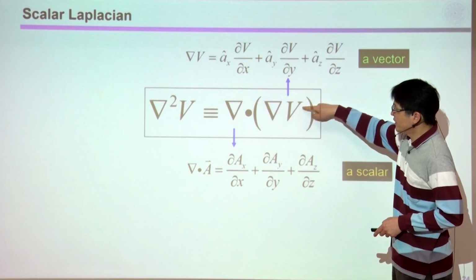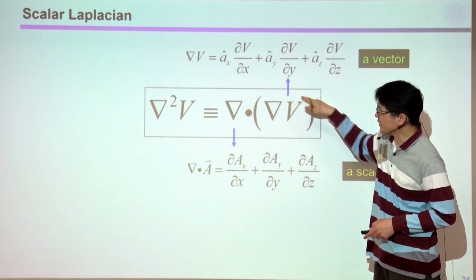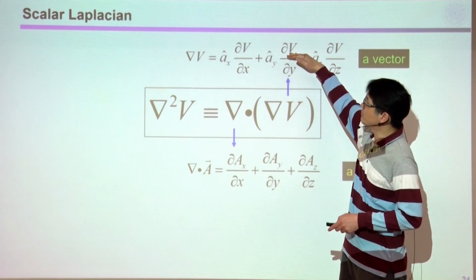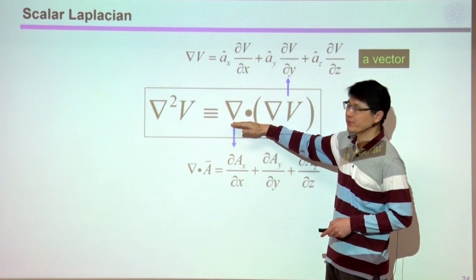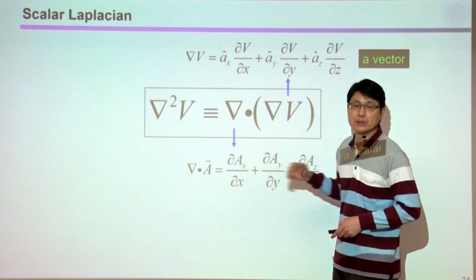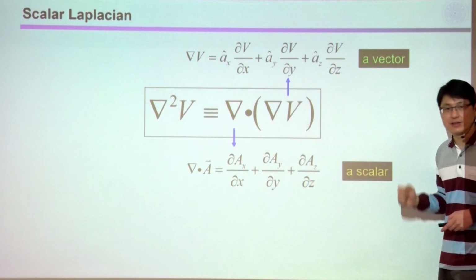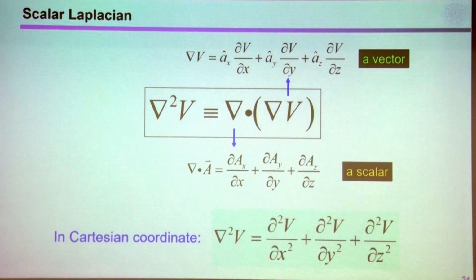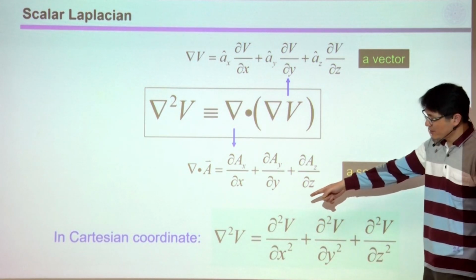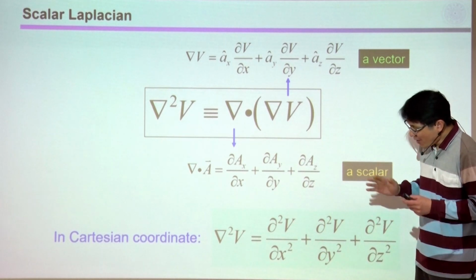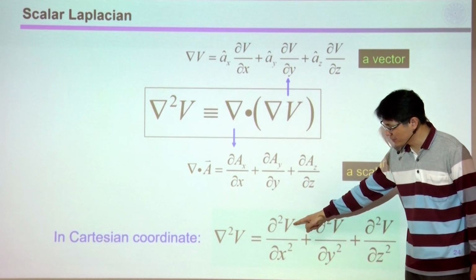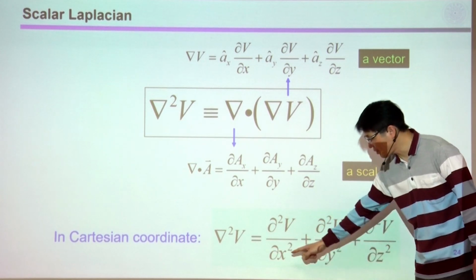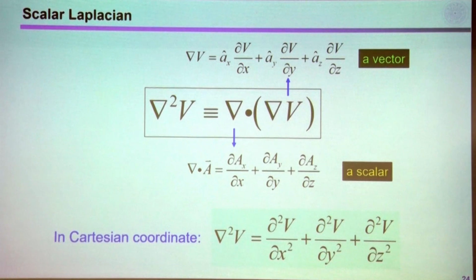So the scalar initially becomes a vector after performing gradient operation, and then the vector is applied with divergence operation, you arrive at scalar. Okay? So in Cartesian coordinate, scalar Laplacian is nothing than your scalar function making a double differentiation in both x, y, and z directions.